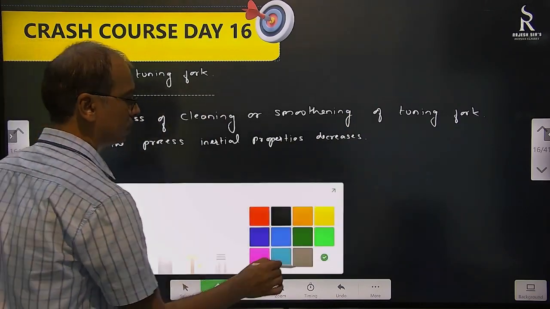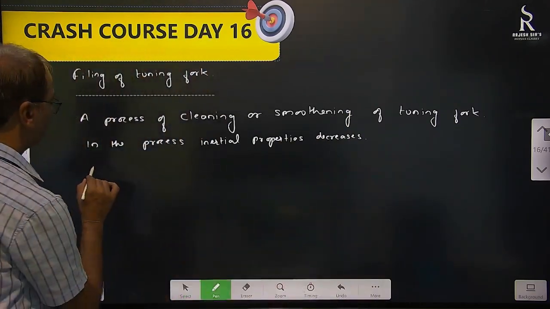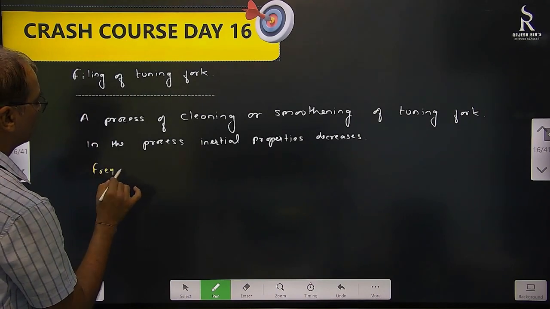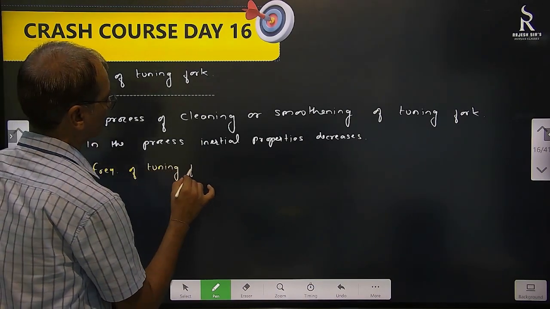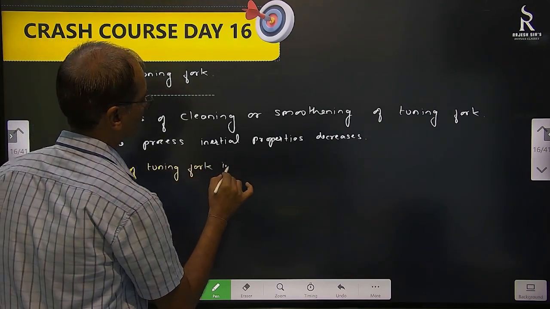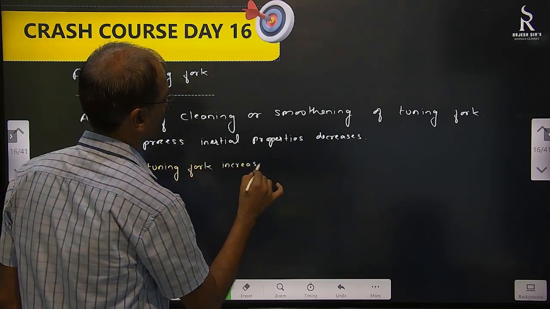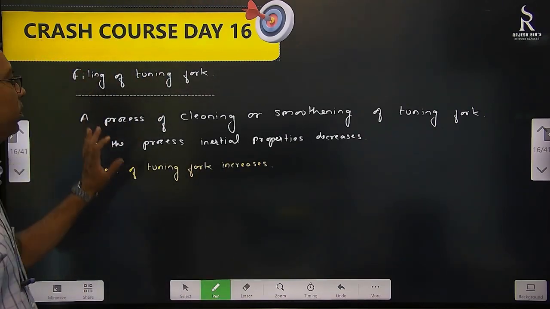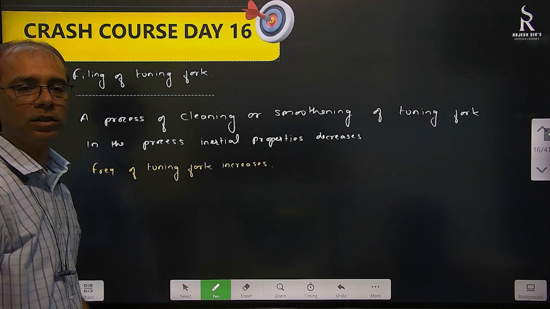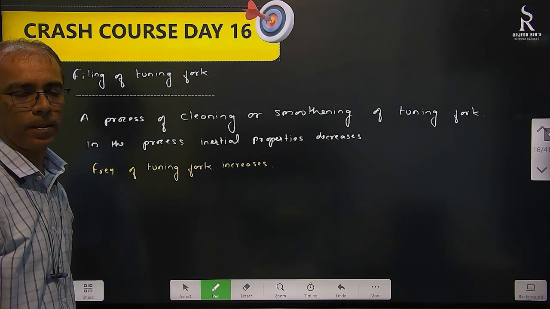The frequency of the tuning fork increases. Right. So filing means increasing the frequency, and waxing means decreasing the frequency.